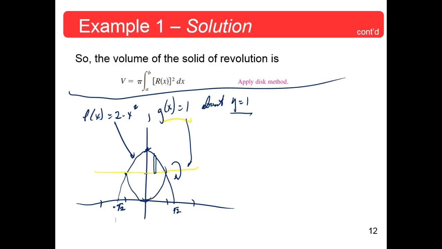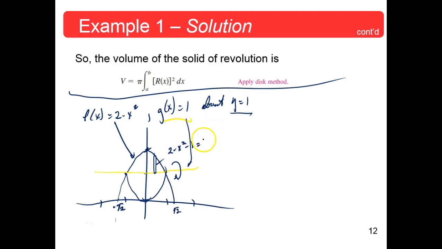So it's not a single value. Someone said 1 plus 2 minus x squared. Not quite. Do the top minus the bottom. So the length is 2 minus x squared minus 1.